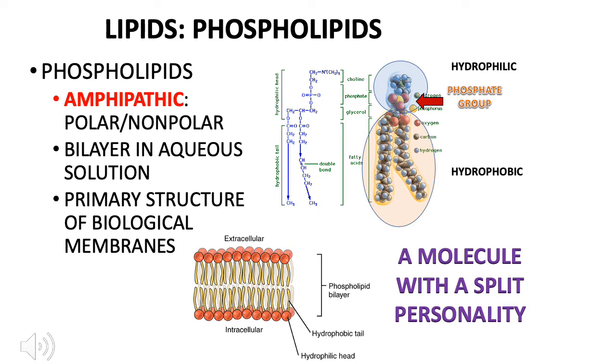Number one, a phospholipid has a glycerol molecule, which is what we saw in the triglycerides. Number two, a phospholipid has two fatty acids. Not three, two. And then number three, a phospholipid has a phosphate group.